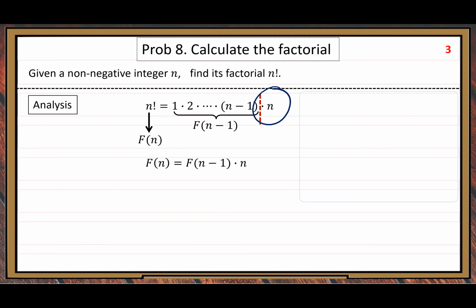Now you can write a recursive function to calculate f of n with this recurrence formula. So the implementation should be easy. But it's not necessary for this simple question.